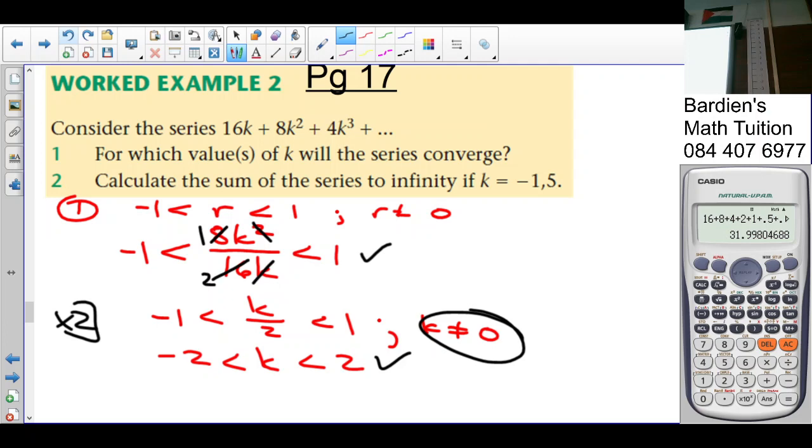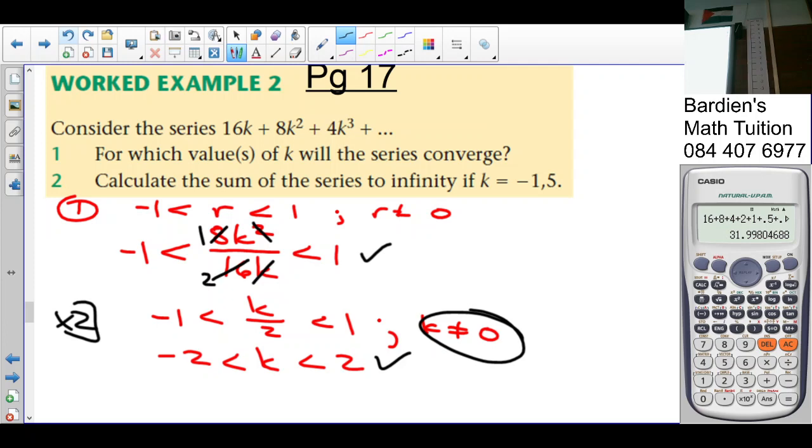Okay, you'll see many memos also don't have it. I don't know why. But I think it should be. Because if k is 0, then the series won't converge. It will be something else. It will just be zeros. Because 0 divided by 0 is what?